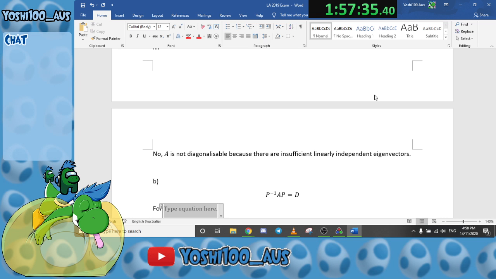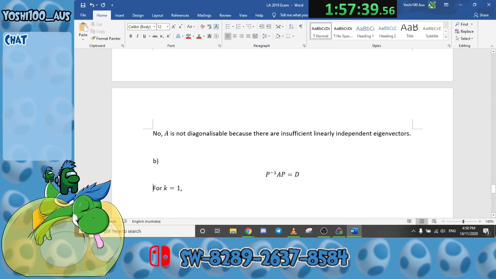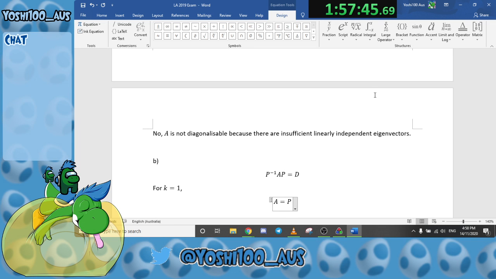For k equals 1, A equals P, D, P inverse. Yeah, right?